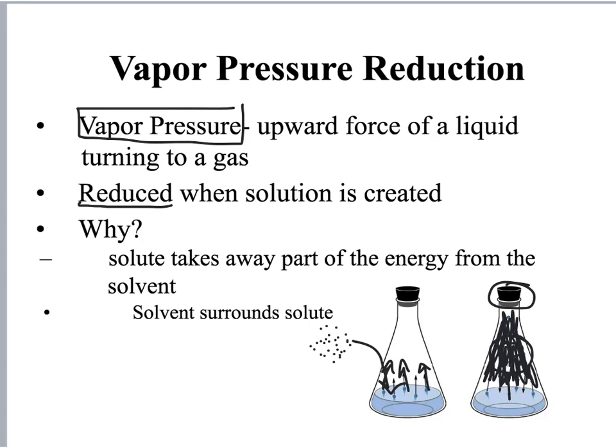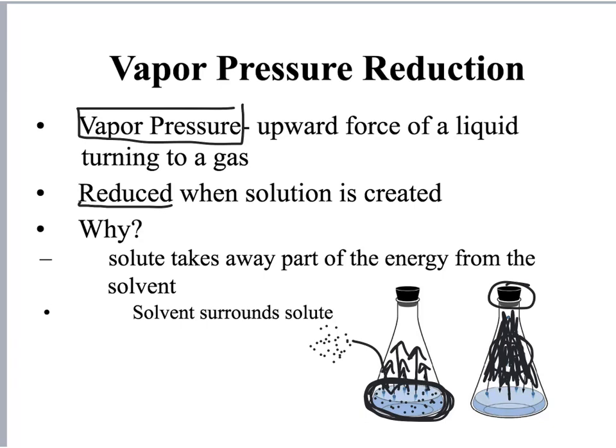The question is why? It is because since you dissolved solute into the solvent, some of that energy in the solvent that naturally would have been used to escape as a gas from a liquid is now being used instead to surround that solute and try to break it down and dissolve it.